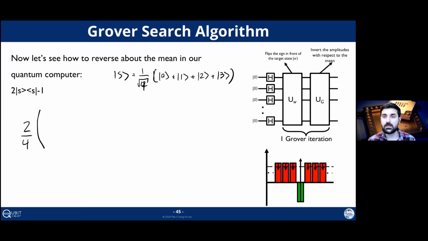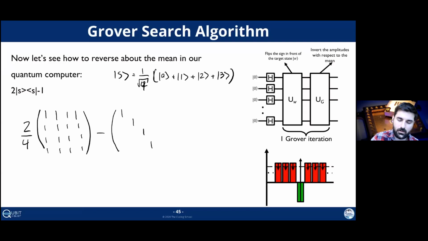We did this for the case with 2 states for a single qubit, and what I'm telling you is that it also extends. So I'm going to end up with a matrix with all ones, and then just minus the identity matrix, which is 1, 1, 1, 1, and zeros everywhere else.